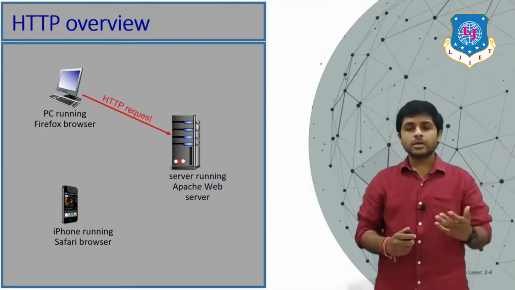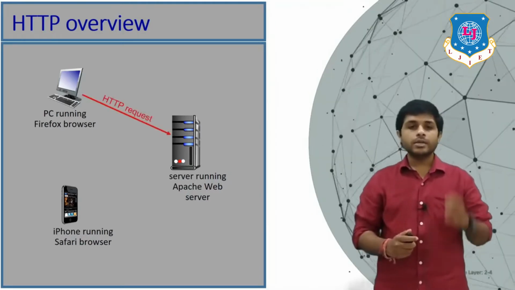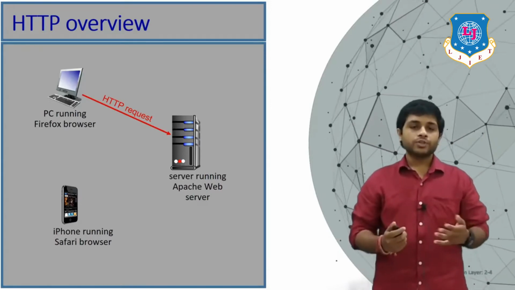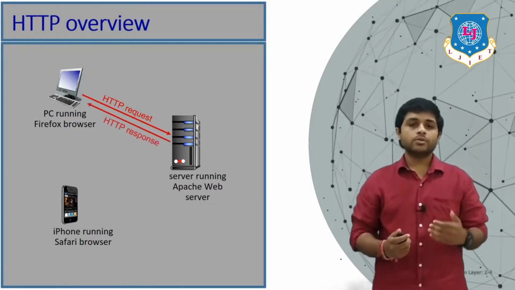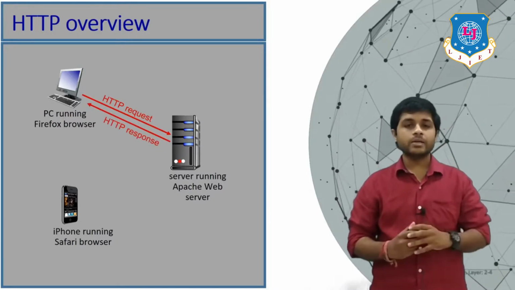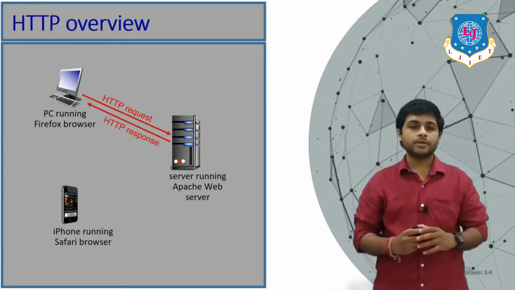When the server receives the request, it knows that this computer is trying to open the website. So the server will reply to that particular device with the particular data so that we can see the website.